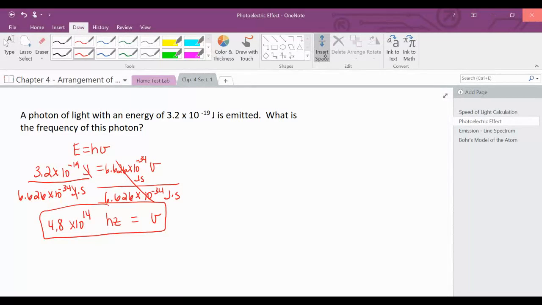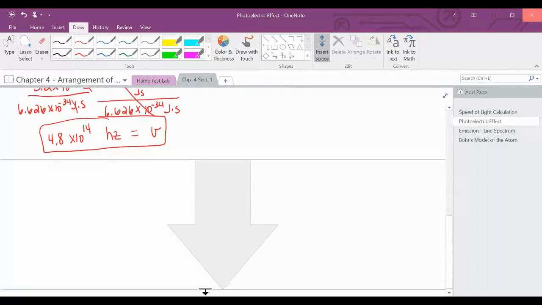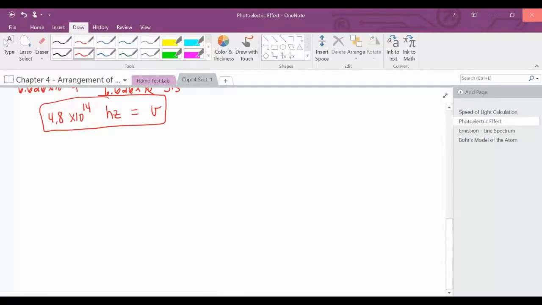Okay, so after Planck made this realization about the photoelectric effect and the idea of a quantum of energy, Albert Einstein comes along and he introduces the idea that light behaves as a wave and a particle, and that each particle carries a quantum of energy, and he called those particles photons.